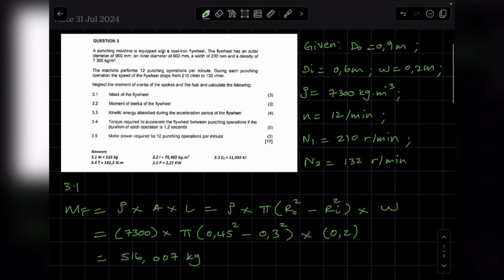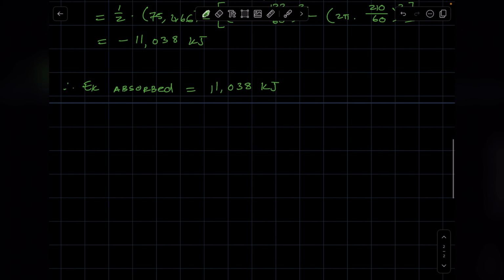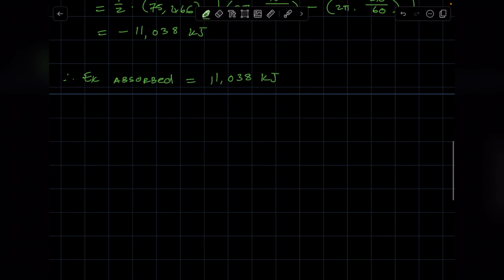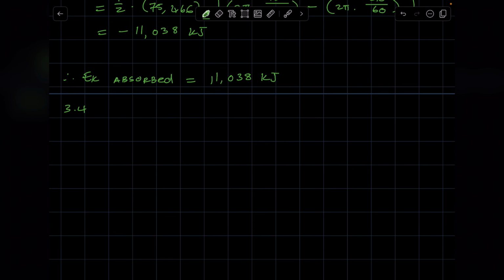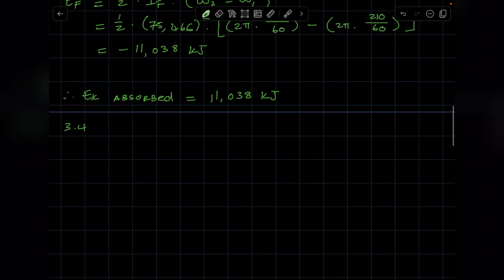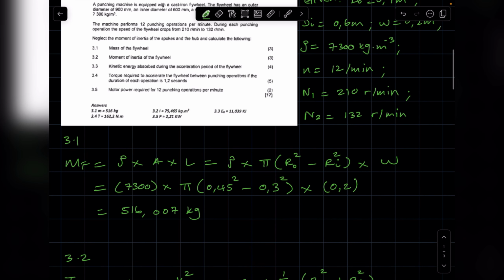Remember we have a frequency, in terms of the punching operations per minute. So this here is T1, because this is the duration of the punching operation.